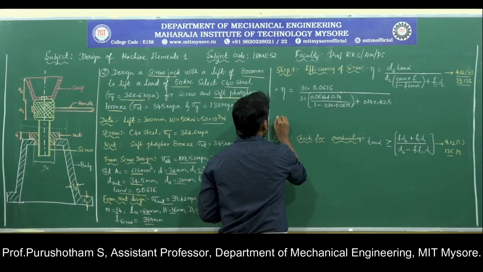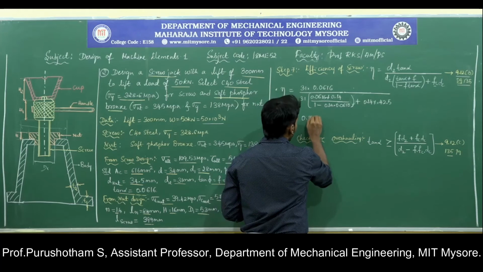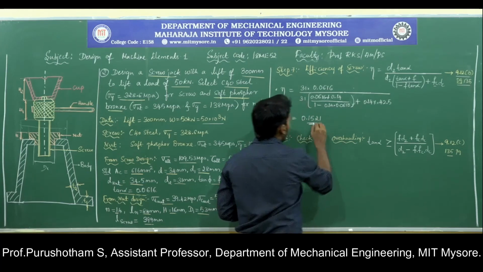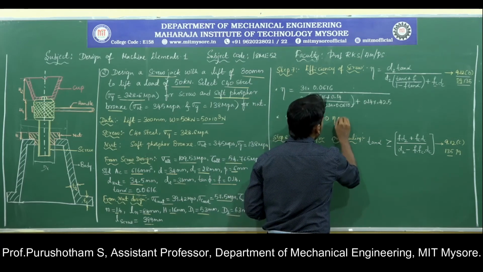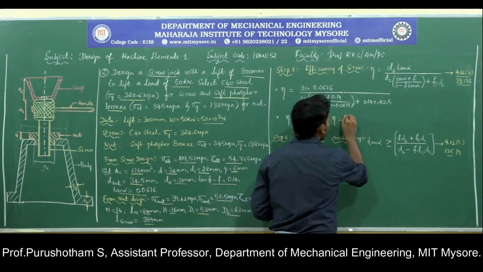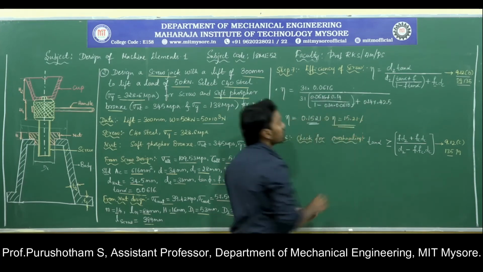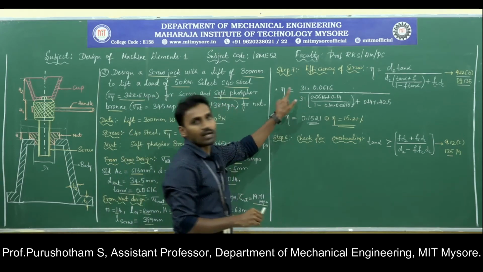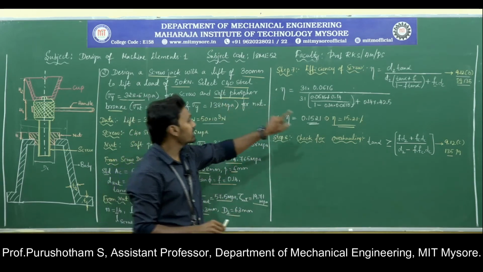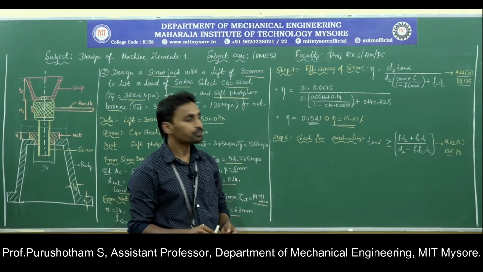If you simplify this, you will get 0.1521. Multiplying by 100, you get it in percentage, that is 15.21%. The efficiency of the power screw, based on the design parameters, is 15.21%.